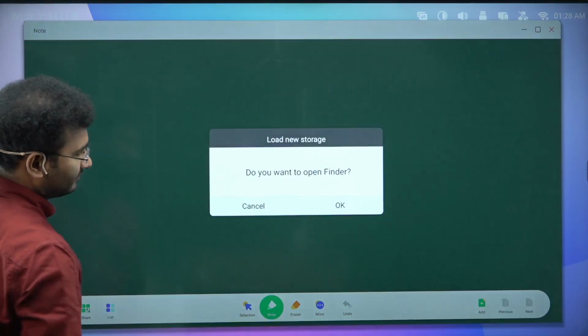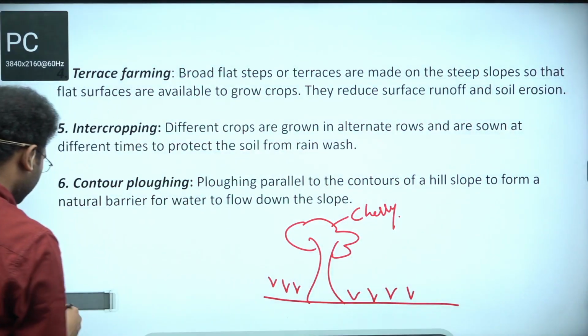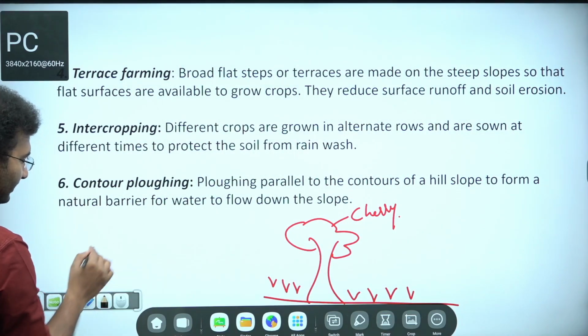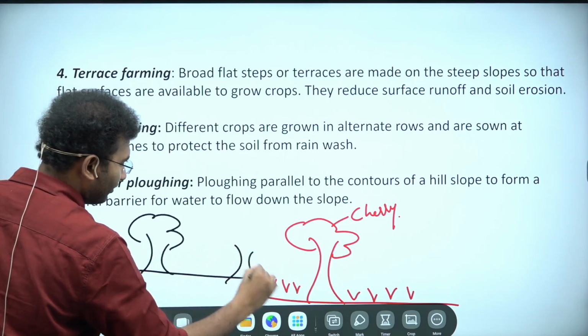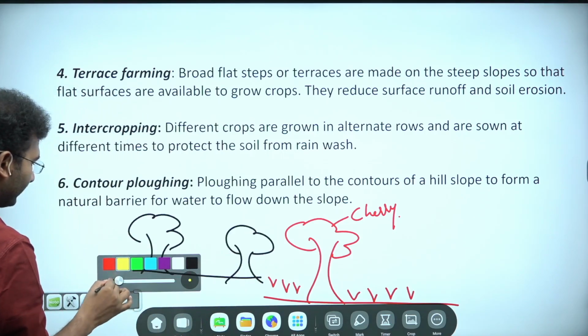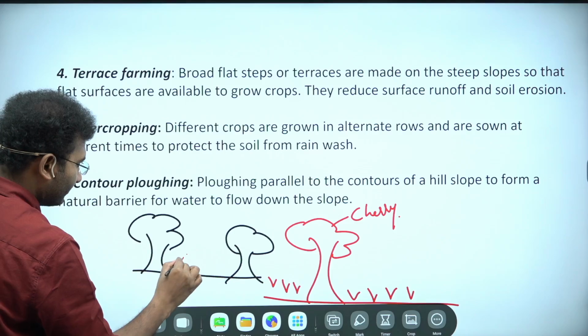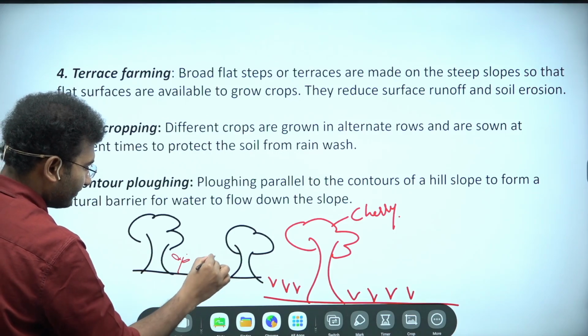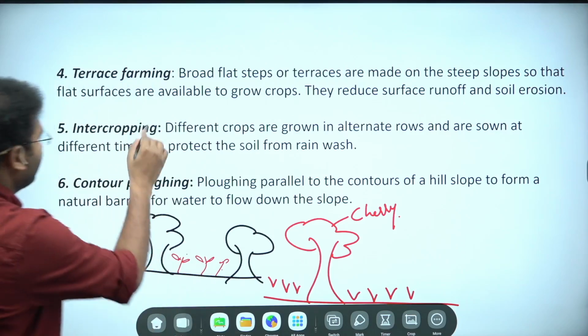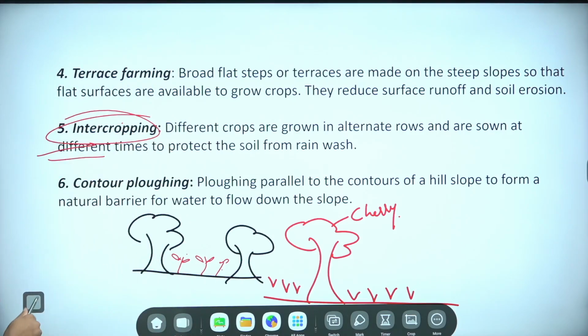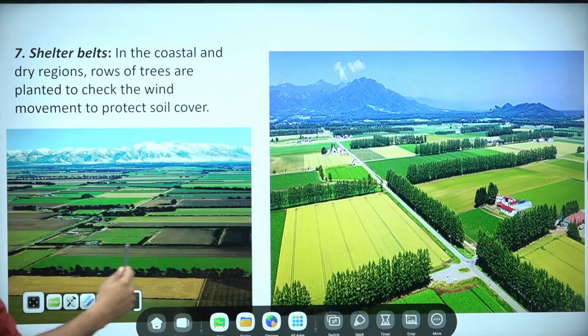Here, look at this. In the Kashmir regions, this is your apple. This is also your apple tree, and in between you will grow corn. This is called intercropping, right? Now contour ploughing is also an alternative word which is used for that.